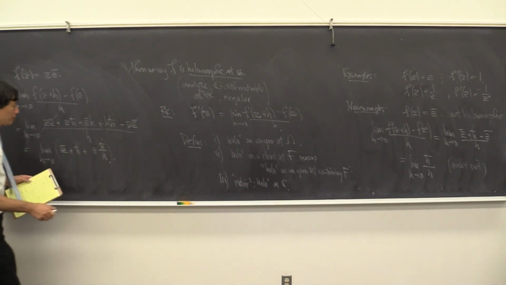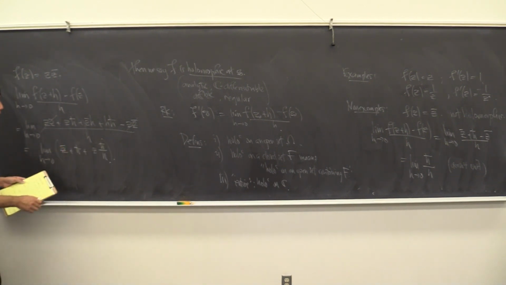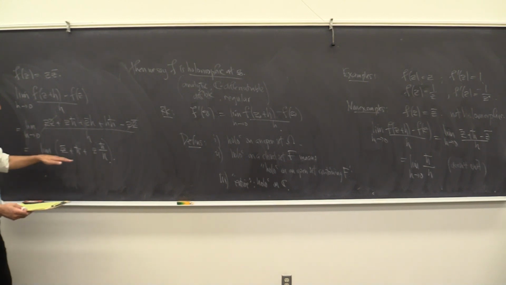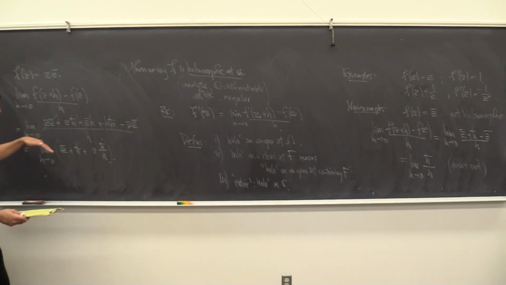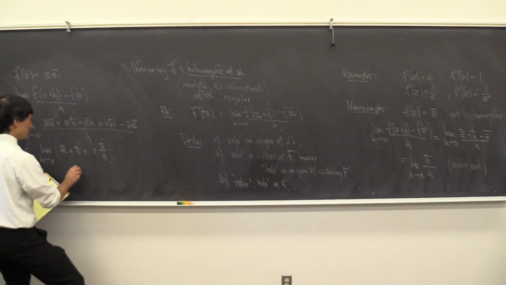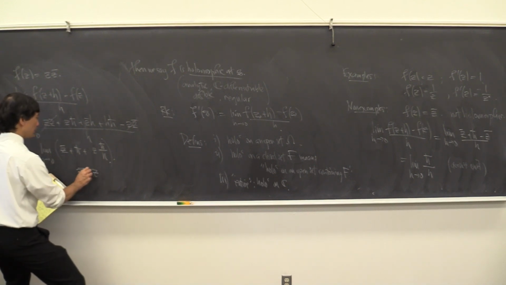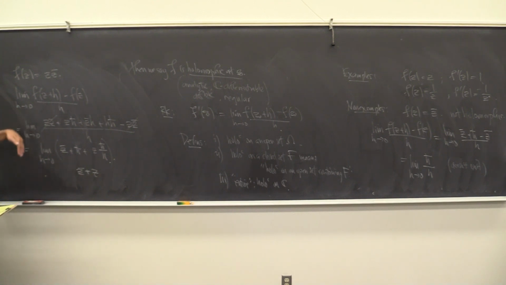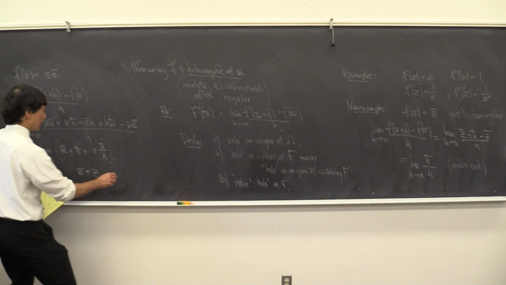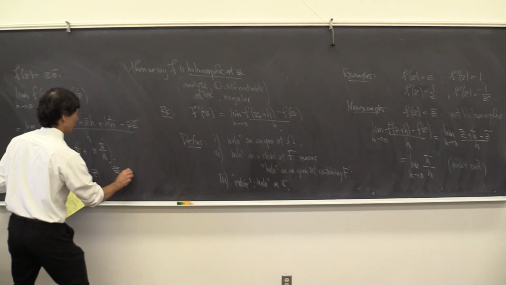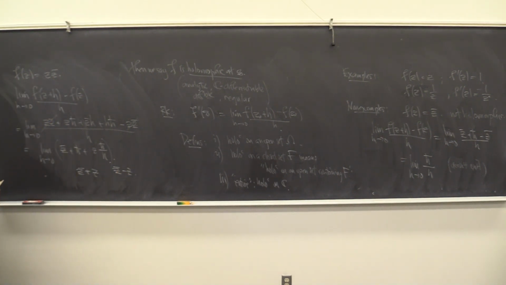Again, if you let h go to 0 on the real axis, you're going to get z̄ + z. And if you let h go to 0 along the imaginary axis, you're going to get z̄ - z.